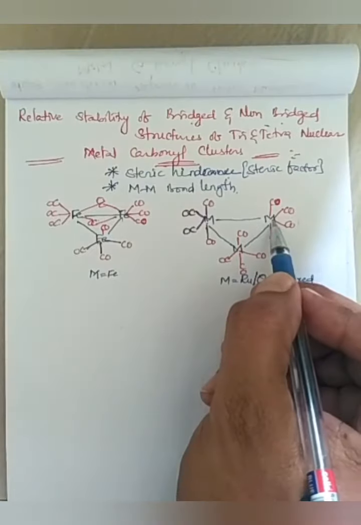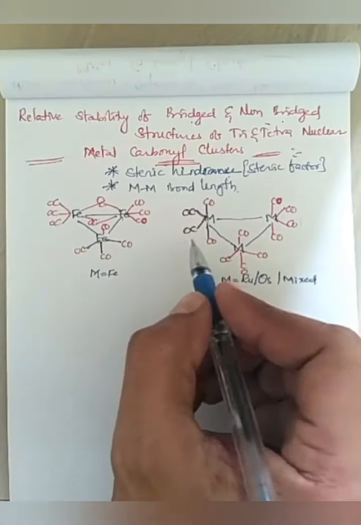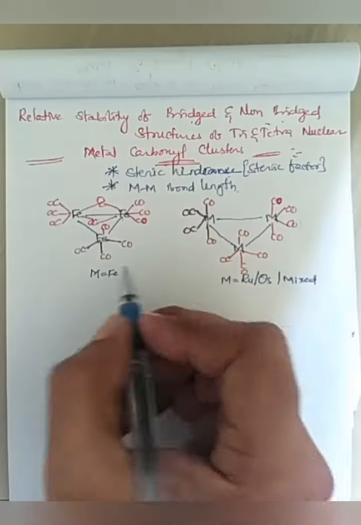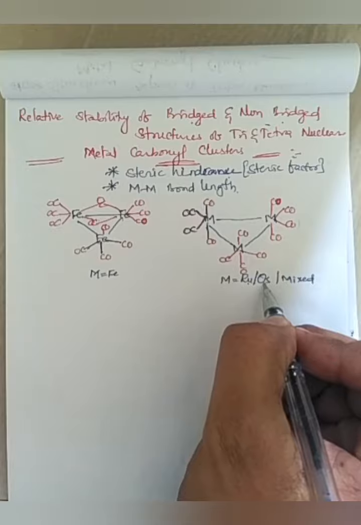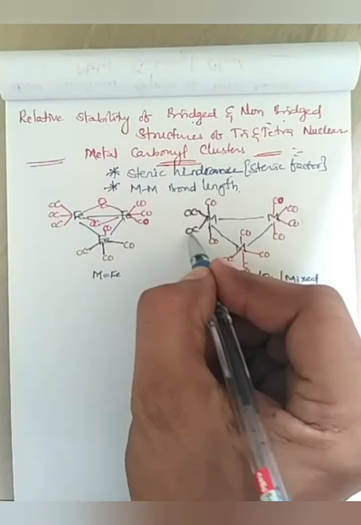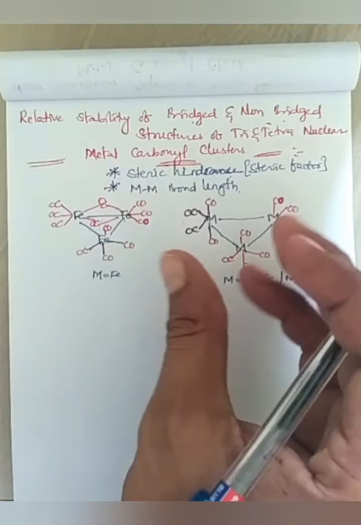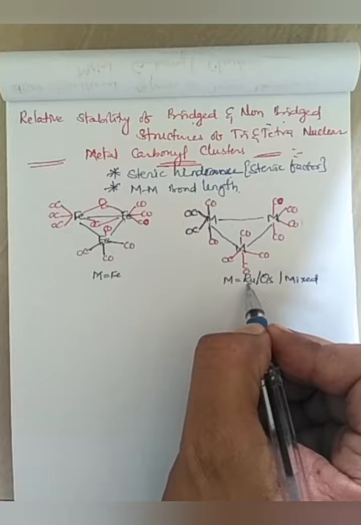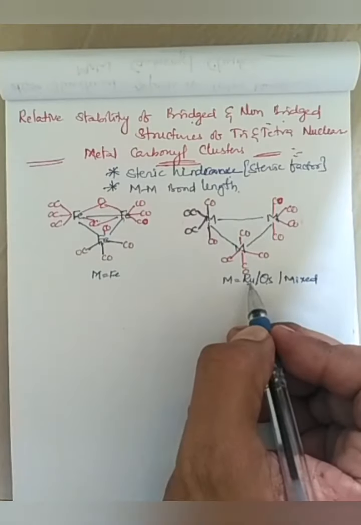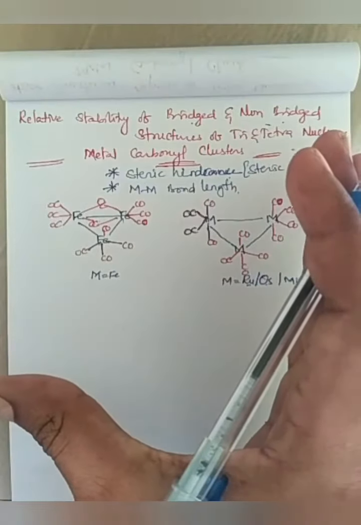This is the first, this is the second, this is the third part of the molecule. When we replace iron by ruthenium or osmium, the size of the part is getting enlarged due to the size of the metal atom, right? From iron to ruthenium to osmium, the atomic size gets enlarged, right?